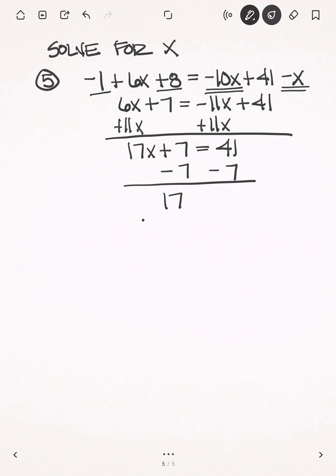I get 17x is equal to 41 minus 7, which is 34. When I divide by 17 on both sides, my 17's cancel, and I have x equals 2. 34 divided by 17 is 2. And there is my answer.